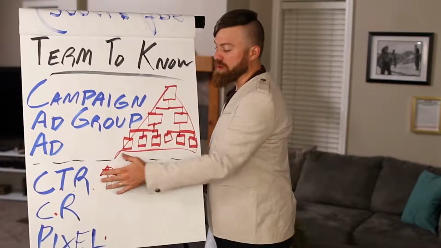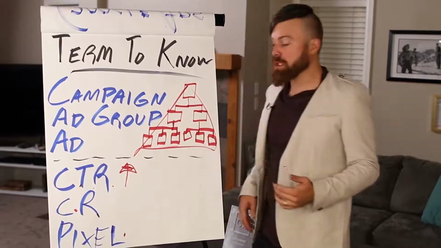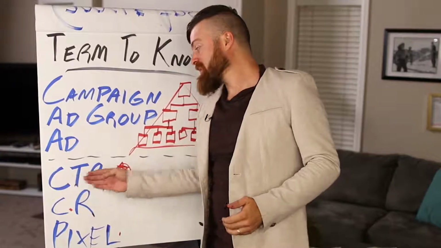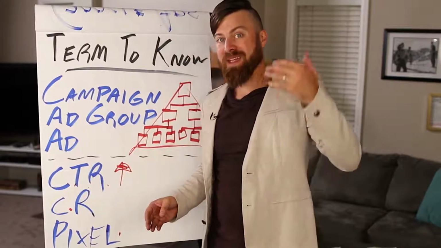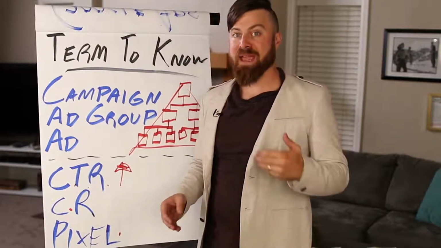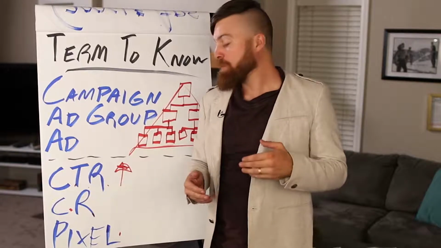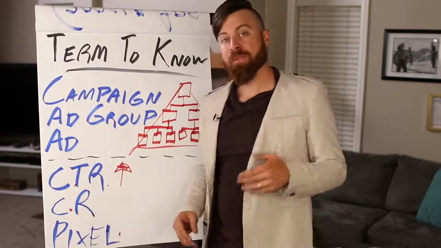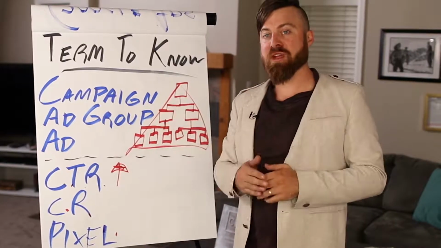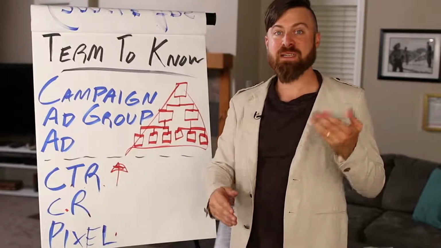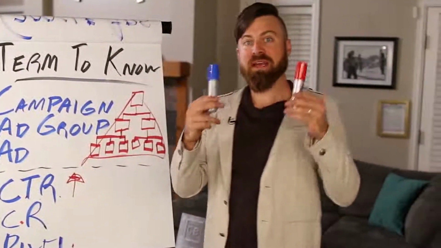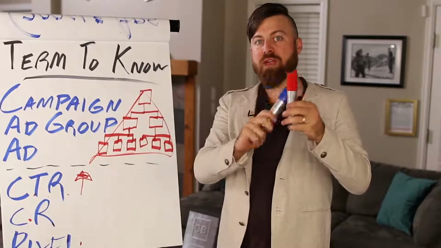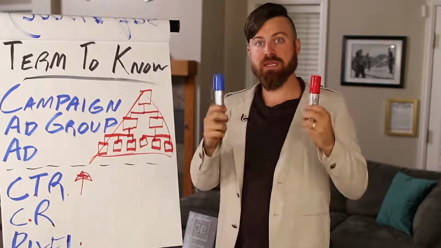Now, I'm going to go into a few quick terms that you might need to know, and then I'm going to end the video. CTR is something you'll want to know in order to optimize your campaign. You can look up this term, but the main other term is conversion rate, or CR. These are how you'll optimize your campaigns. Click-through rate says which ad gets more clicks, and you'll want to go with the ad that gets the highest click-through rate when you're split testing, and you just continually do that.